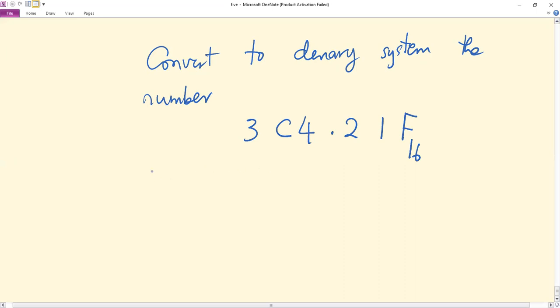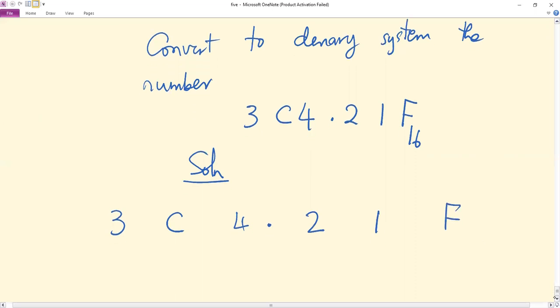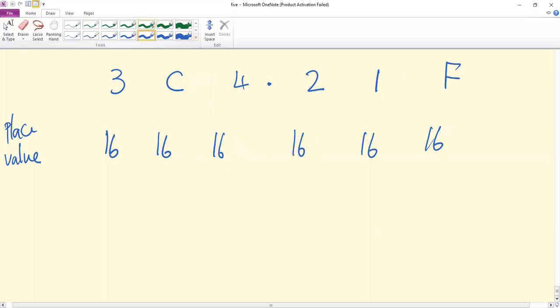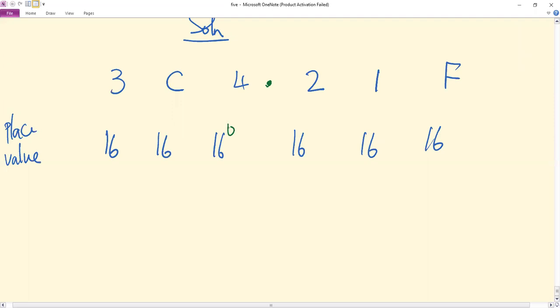Solution: you just write 3C4.21F and then write place values. Because we are dealing with base 16, just write 16 under each digit, and now put in the powers: 0, 1, 2, but here it is -1, -2, -3.